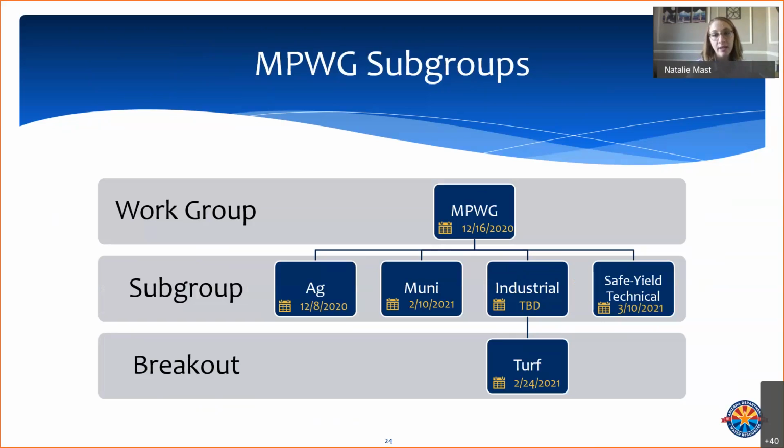We will look into getting a date on the calendar for that, or perhaps consider having that landscape users discussion under this group, depending on exactly what that looks like as we dig into it. But we will certainly make sure that emails go out to everyone to confirm whatever that plan is.